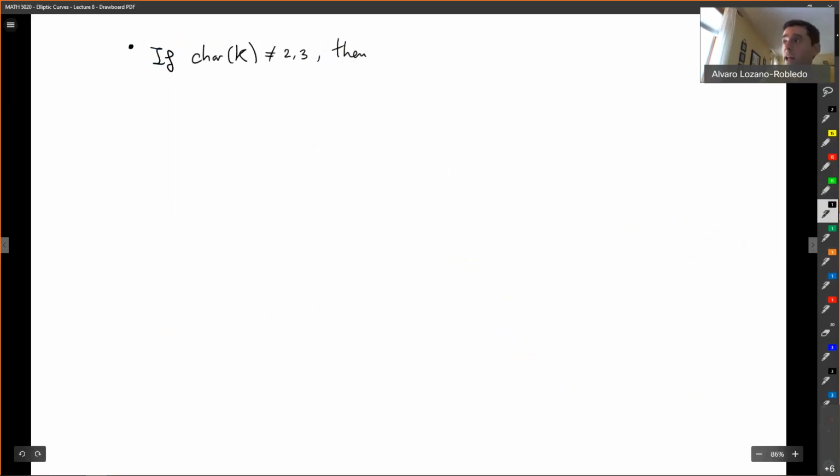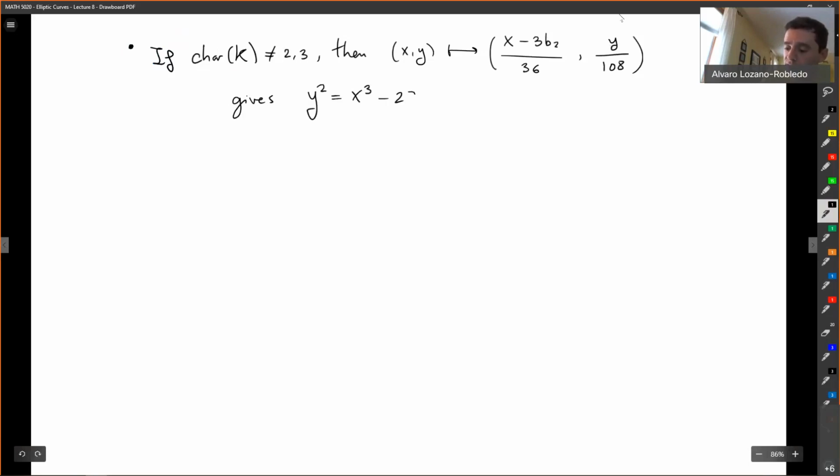If so, then I can change x by x minus 3b2 over 36 and y by y over 108, and this gives you a model of the form y squared equals x cubed minus 27c4x minus 54c6, for some quantities c4 and c6 in K.